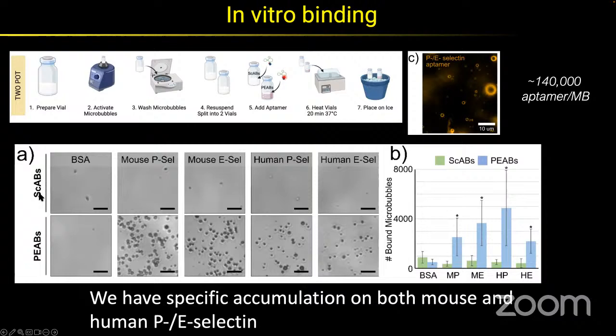Whereas our scrambled aptamer, so remember we're using a DNA sequence, if we scramble up the nucleotides in that sequence, it no longer has the same 3D conformation, so it shouldn't stick. That's why we call it scrambled. So our scrambled controls don't stick to these proteins. So it looked like we were going to be able to get binding when we tested it in vivo.